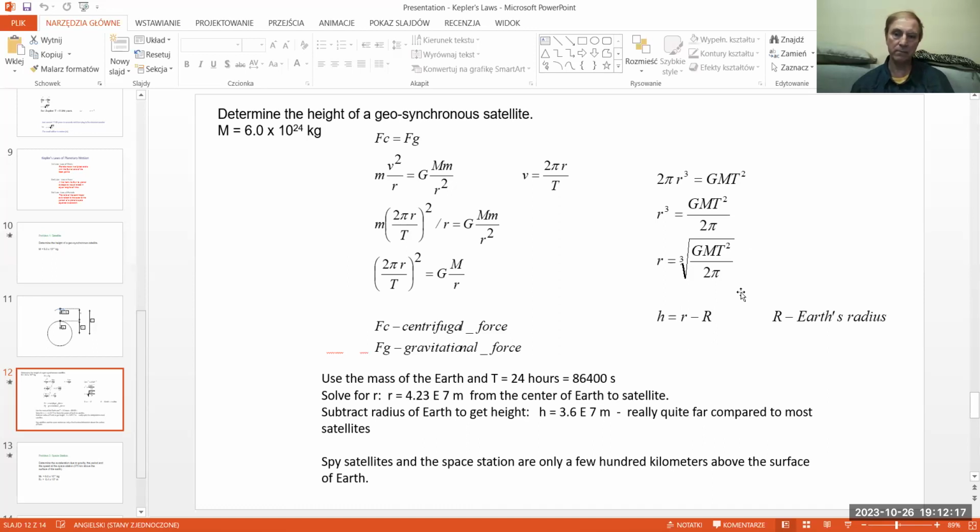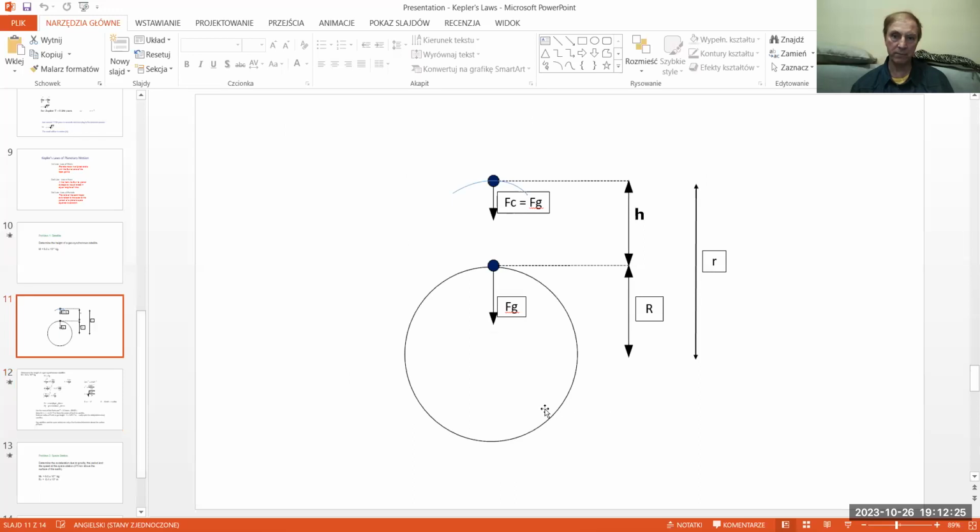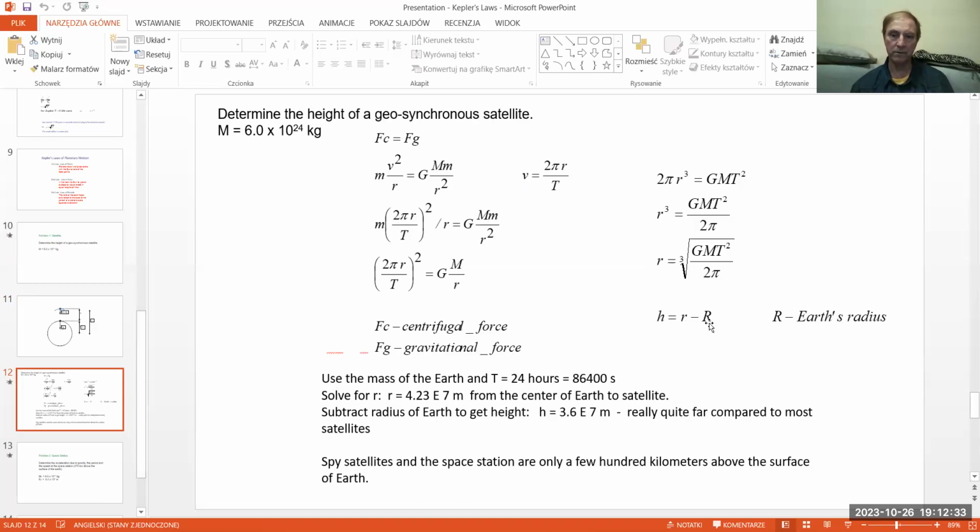Now, because we are looking for the h, not lowercase letter r, according to this picture, again, h is equal to lowercase letter r minus uppercase letter R, which is written over here.